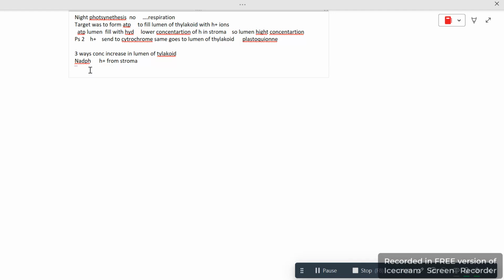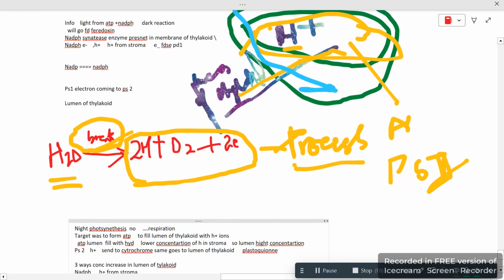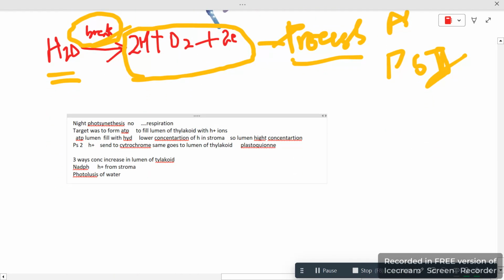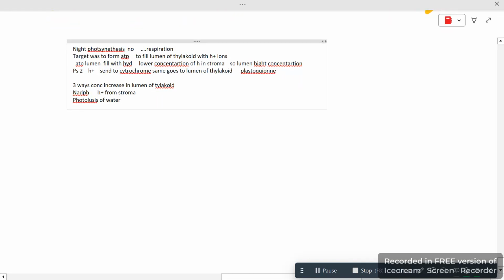Then the second step was the photolysis of water. We know that the lumen of the thylakoid has water, and then the water is broken down, like in the equation we made before, H2O. This process is known as photolysis, which happens in the presence of light.